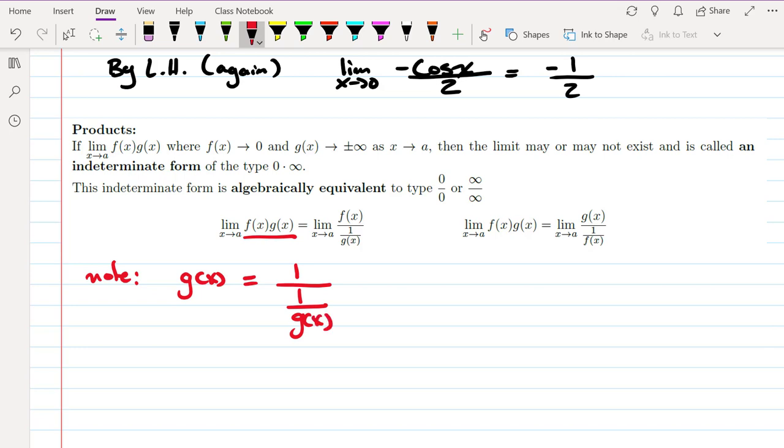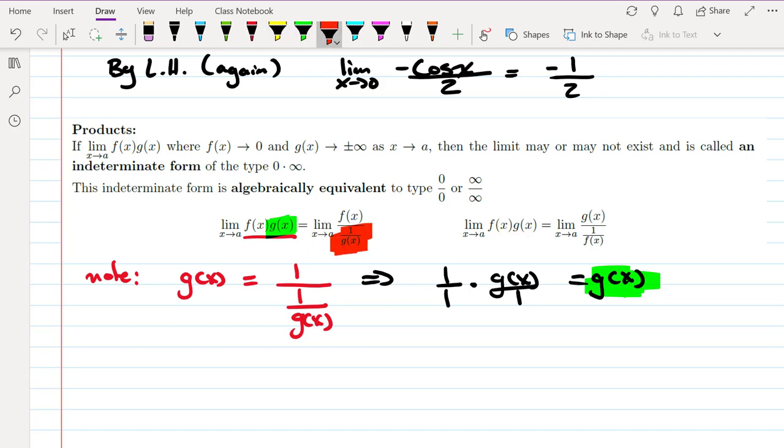Because if you have a fraction divided by a fraction, this is equivalent to the fraction 1 over 1 times the reciprocal of the bottom. But the reciprocal of 1 divided by g is g over 1, which gives us back g of x. So we're using this fraction rule backwards.